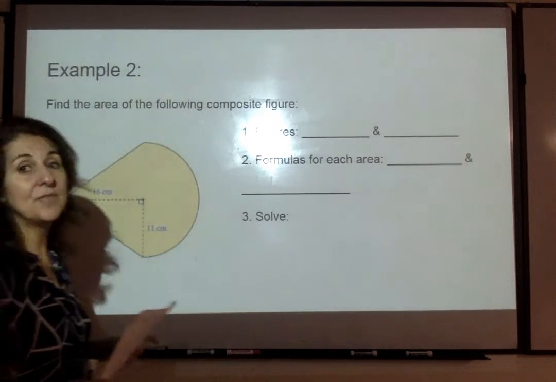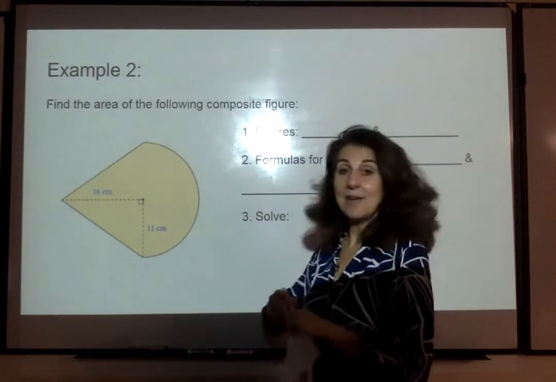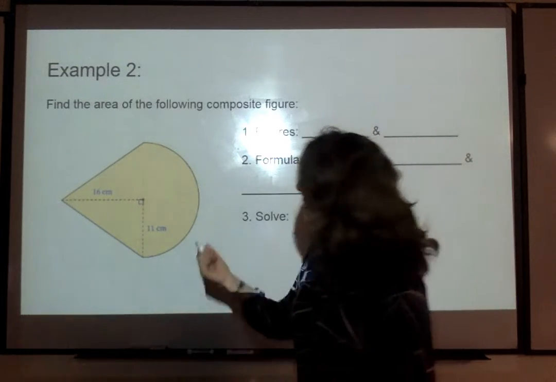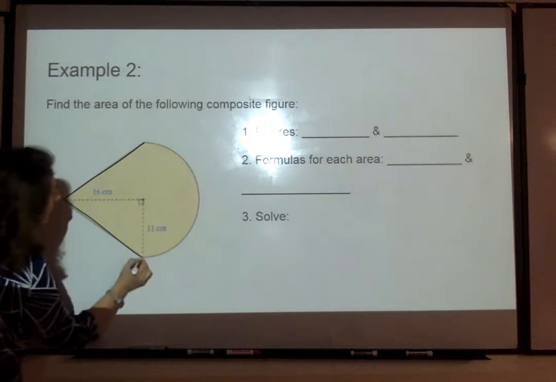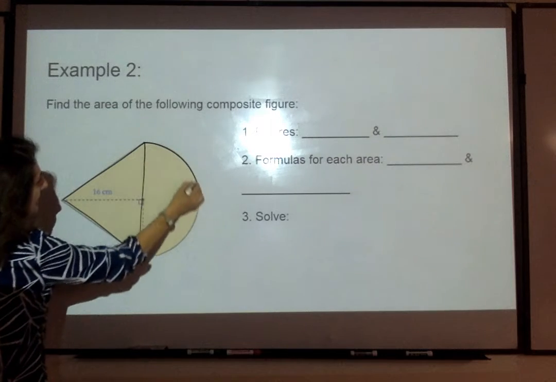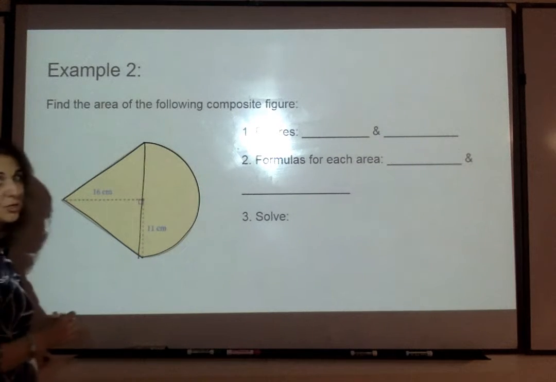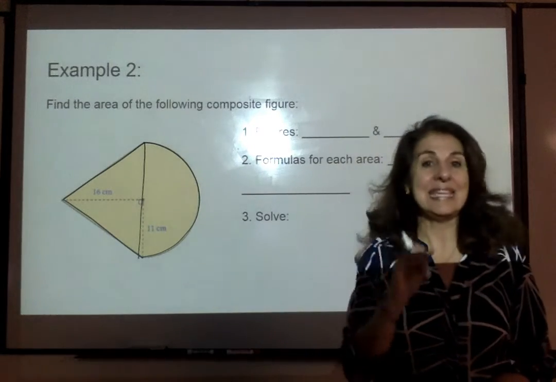Find the area of the following composite figure. Here we go. We have here two figures again. We have a triangle over here, a big triangle, and we have a semicircle, which means just half of my circle. I don't have the entire circle.